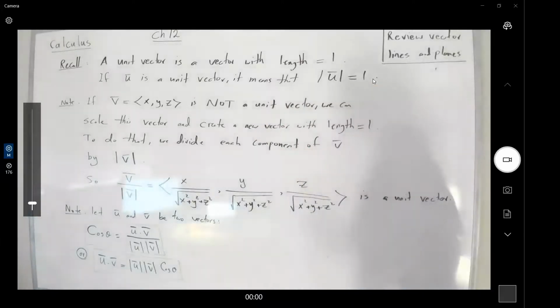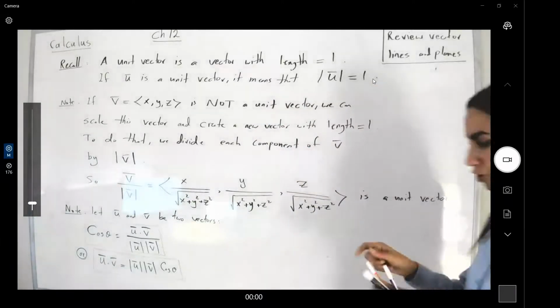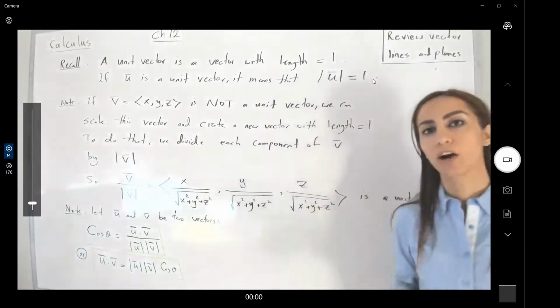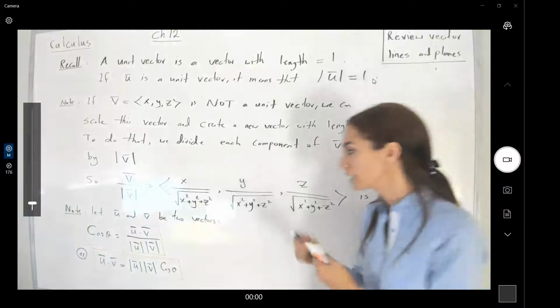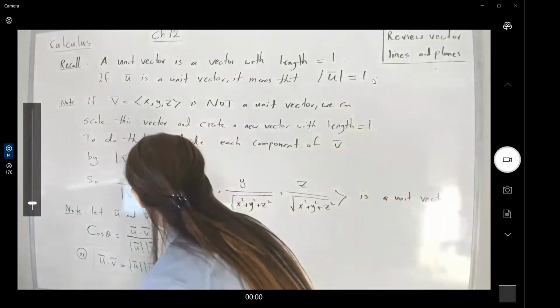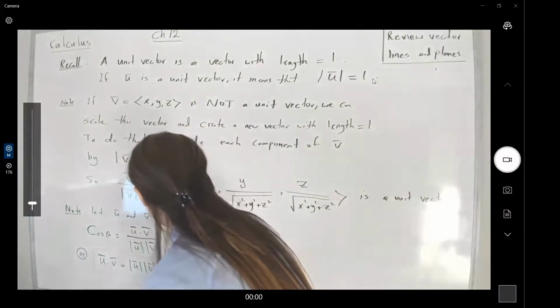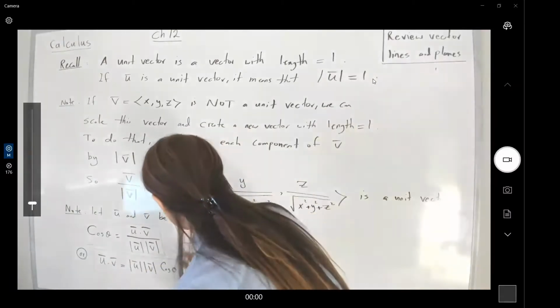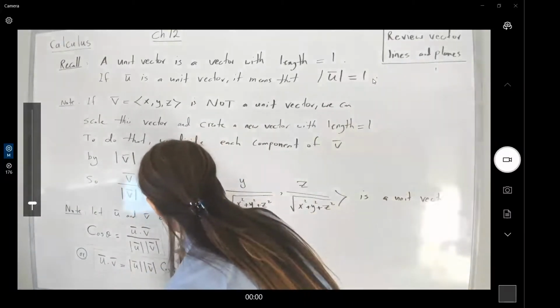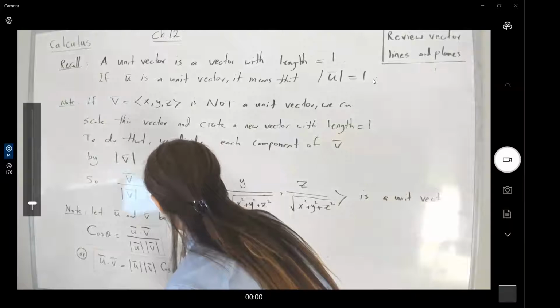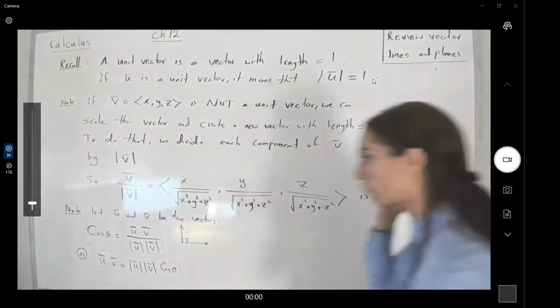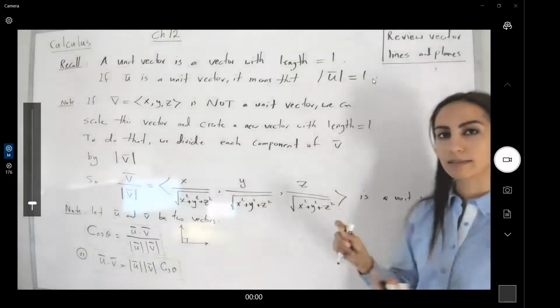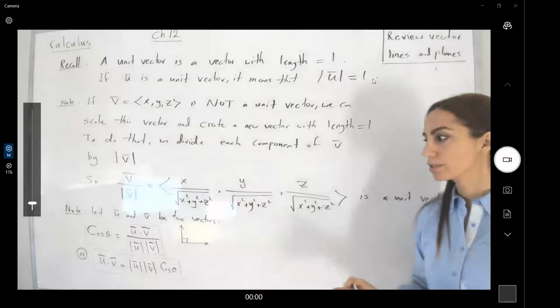From this formula, if you have two orthogonal or perpendicular vectors, it means that the angle between them is 90 degrees or pi over 2. In that case, the cosine of 90 degrees is equal to 0.